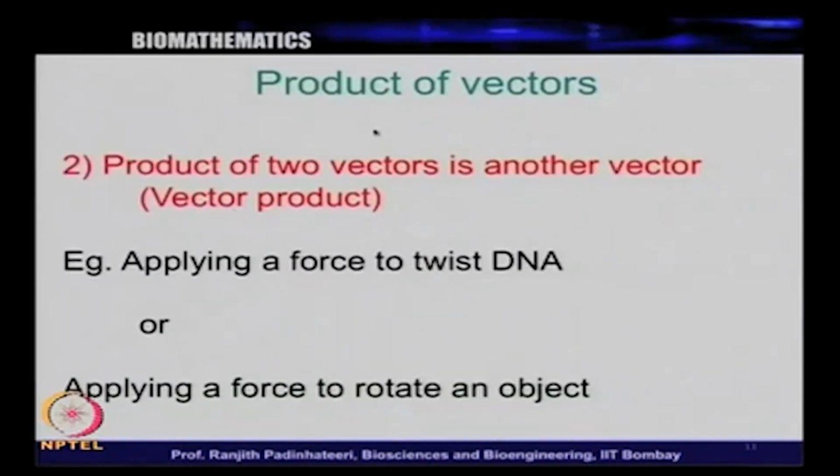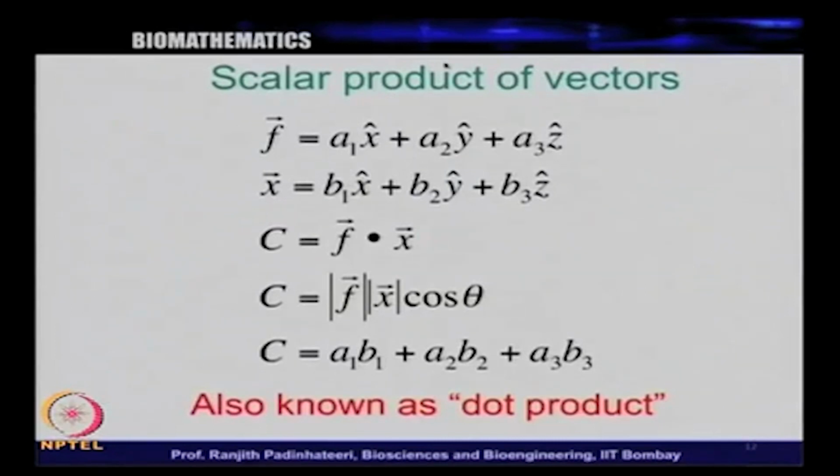The second point I wanted to make is that the product of two vectors is another vector. An example is applying a force to twist DNA, applying a force to rotate an object. So, these are examples where you have force and some displacement, essentially distance, giving rise to a torque or a twist. Okay, so now how do we find the scalar product?